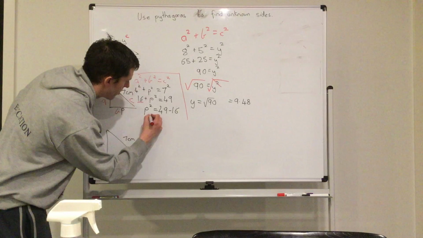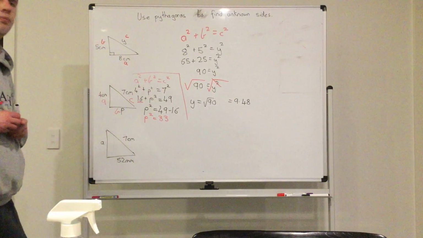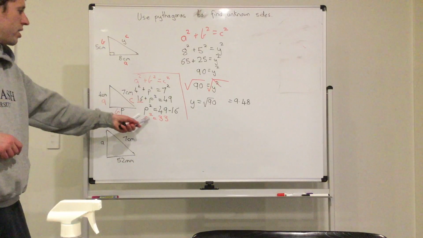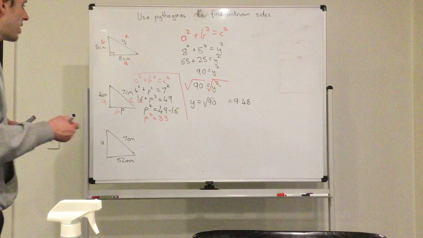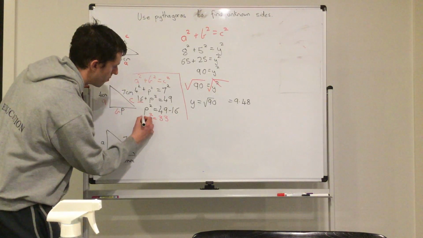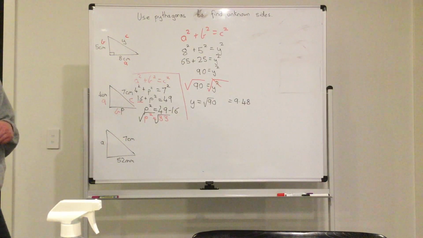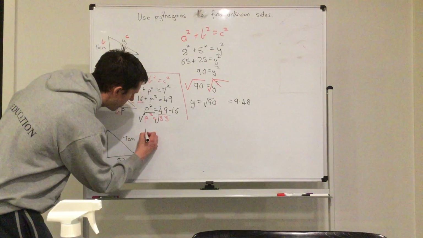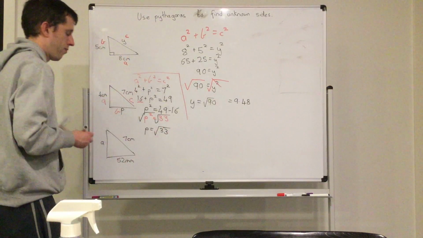So P squared equals 33. Next thing I need to think about is I want to get P by itself. So the opposite of squared is square root. So I square root both sides. That leaves me with P equals the square root of 33.